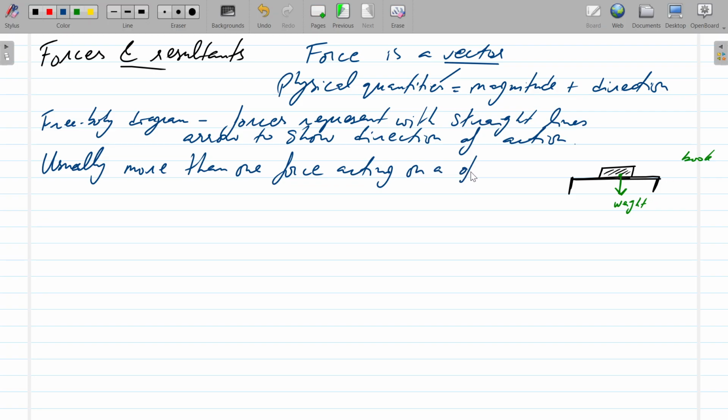And another thing which will come in later is that forces act in pairs. So in this case, the book has a weight and it's placed on a table.